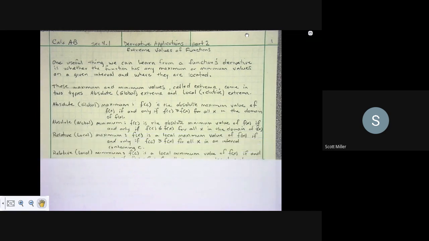Okay, so basically it means it is the absolute highest y value. And then the minimum is obviously the same thing, just being the lowest y value of all y values in your domain, from the x's in your domain. That is absolute. What is local or relative?